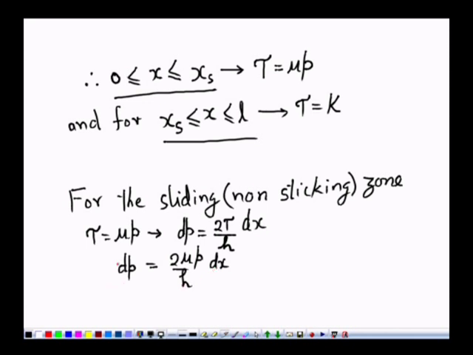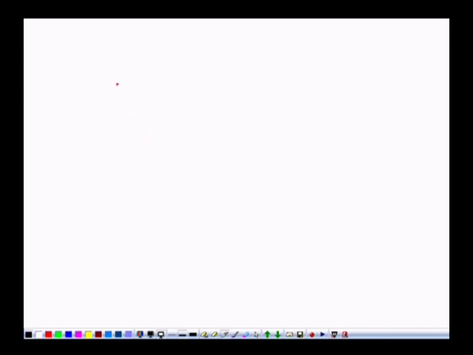If we rearrange it, finally we have dP by P equal to twice mu by h dx, and if we integrate it, for the integration constant C1 will come into our picture.